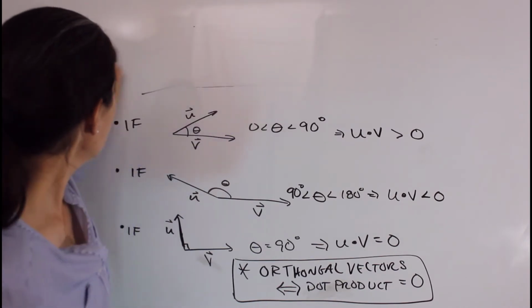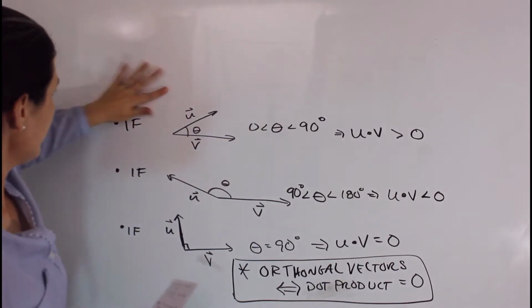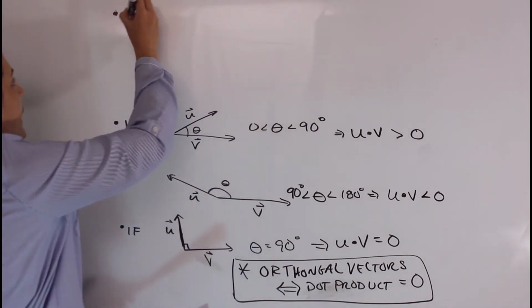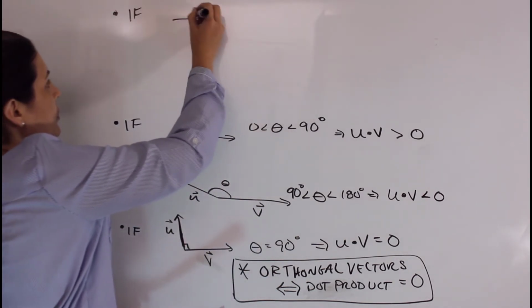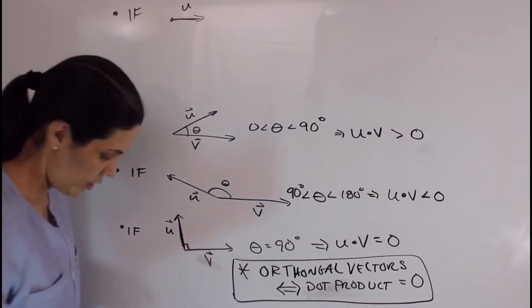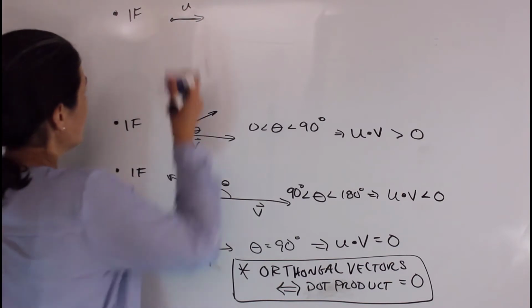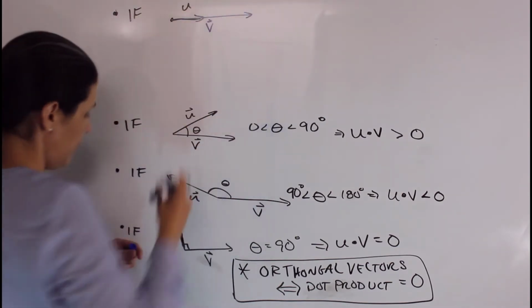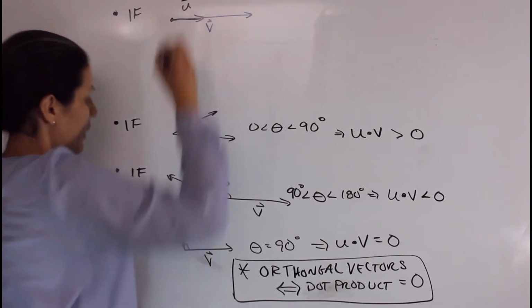We have that the vectors actually point in the same direction. So let's say I have vector u, it looks something like this, and then vector v, let's pick a new color, is pointing the same way. It's parallel. So v is parallel to u. Let's put that vector notation on.